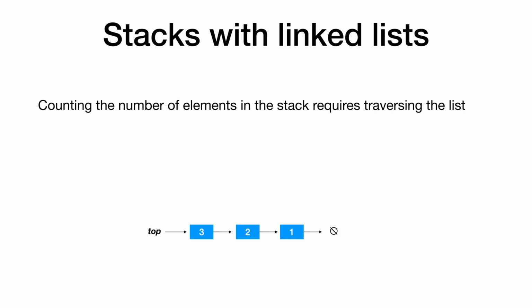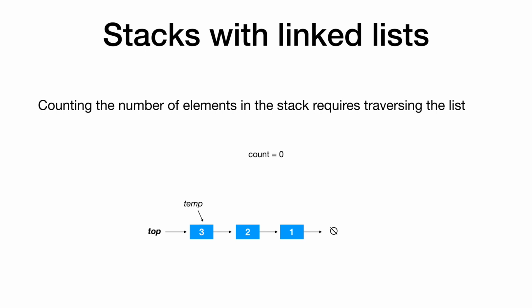But here, counting the number of elements in the stack is a bit more complicated. So with an array, we simply returned the value of top, right? Because it was just an index into the array. Now we actually have to count the length of the linked list. So we know at this point how to count the elements in a linked list.